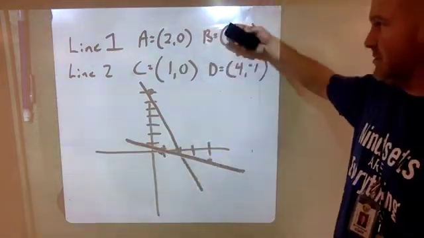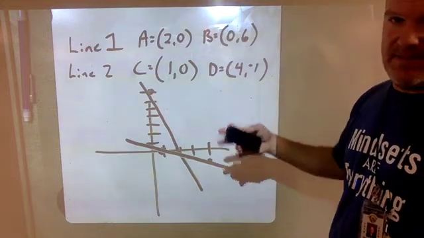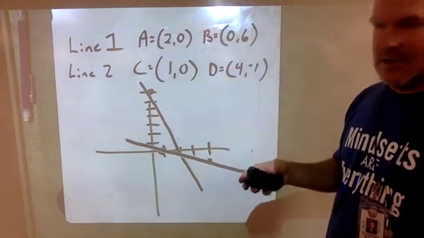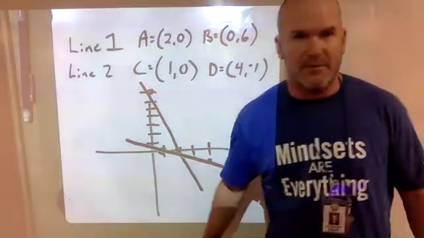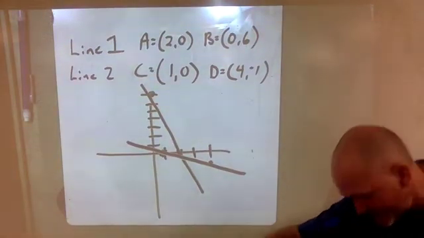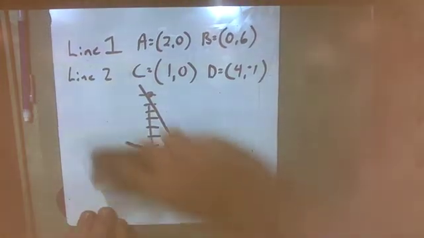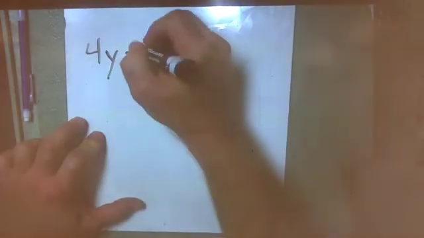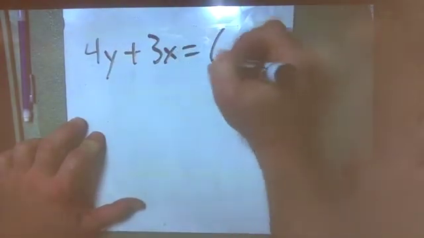You're given 2 points from 2 different lines, you plot them, you find their slopes, and you say whether or not they're perpendicular. The next part is what we did on Thursday, which is you're going to be given 2 equations, and you have to say whether those equations are perpendicular. So here's one equation: 4y plus 3x equals 6.